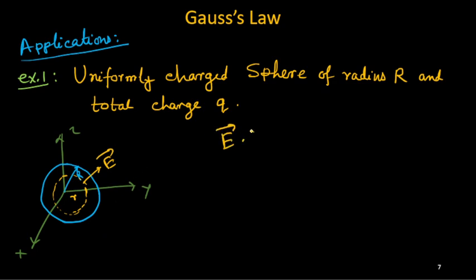So E dot ds is again equal to the charge enclosed by this surface. But remember that the entire charge is not enclosed by this sphere. Whatever is within this small sphere is the charge enclosed. The volume charge density rho v is there.